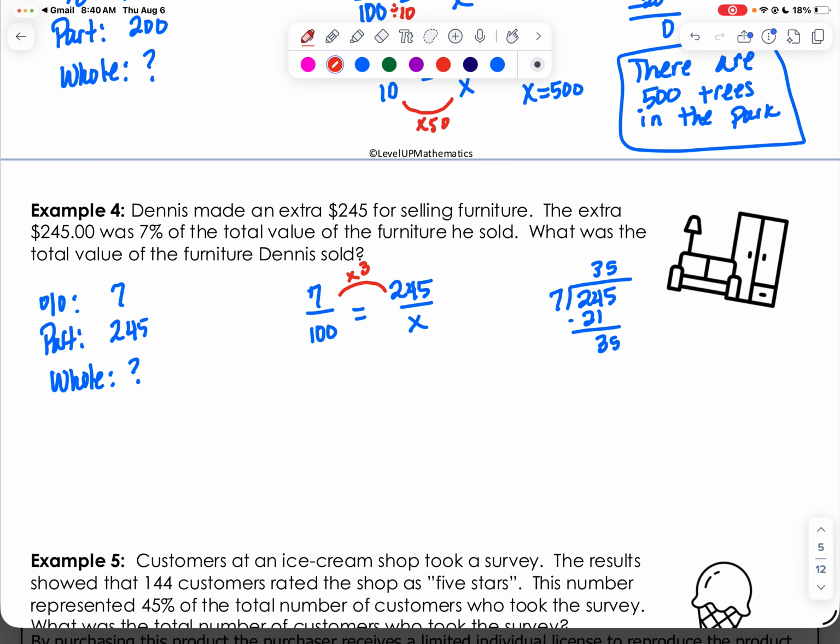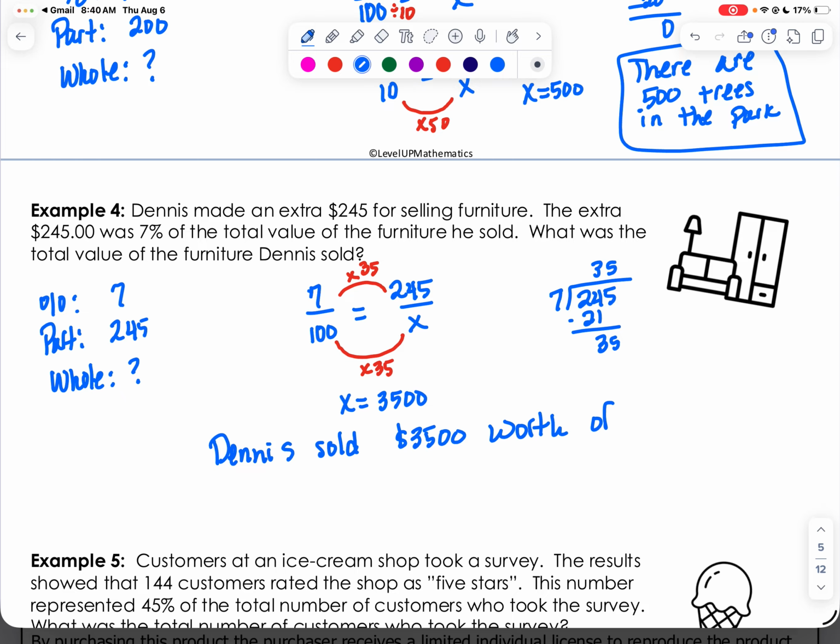We're multiplying by 35. So we just need to multiply our denominator, 100, by 35. So 35 times 100 is 3,500. So Dennis sold $3,500 worth of furniture.